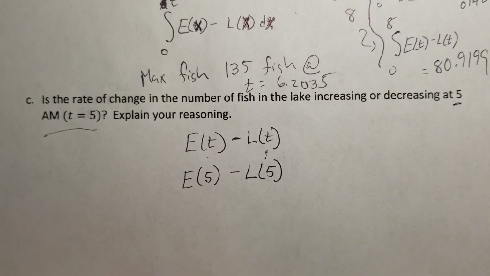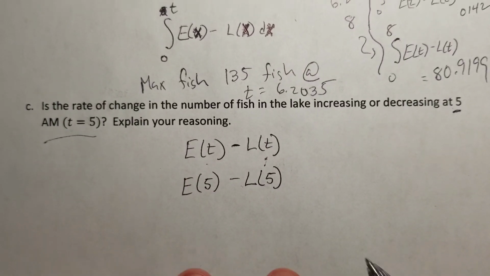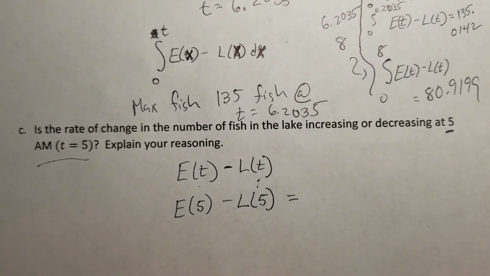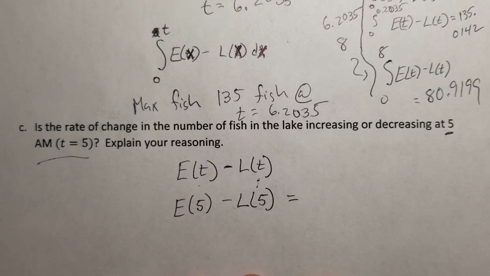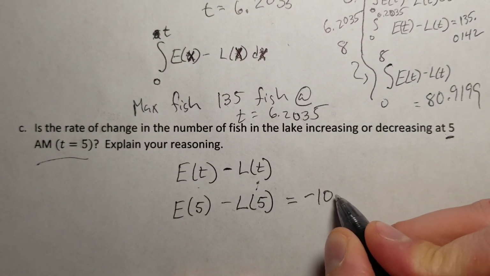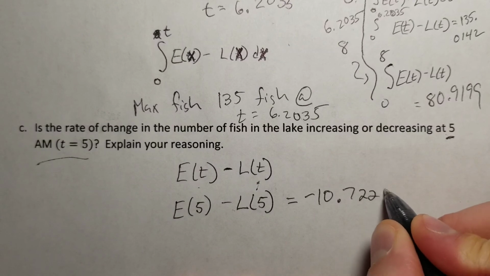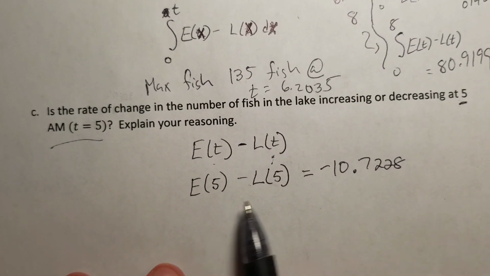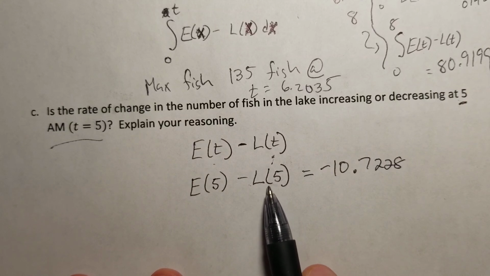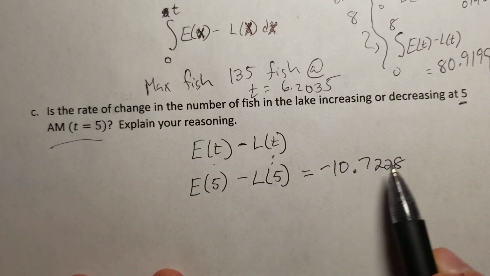And again, another calculator is valuable sort of question. If you take 5 and plug it in for E and then subtract 5 plugged into L, I think you'll end up with negative 10.7228.